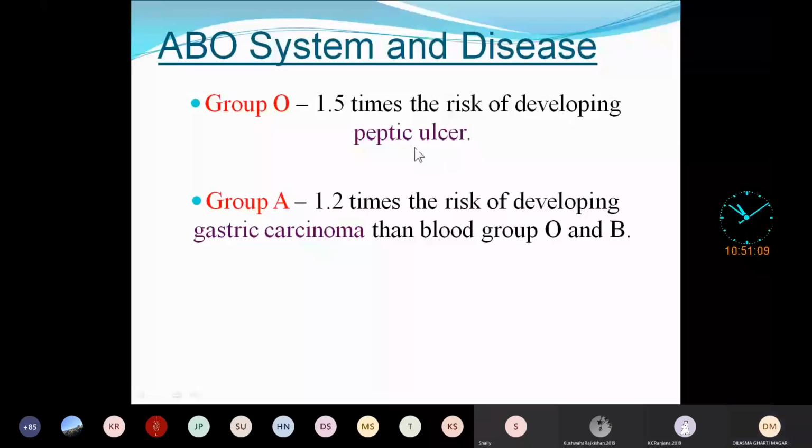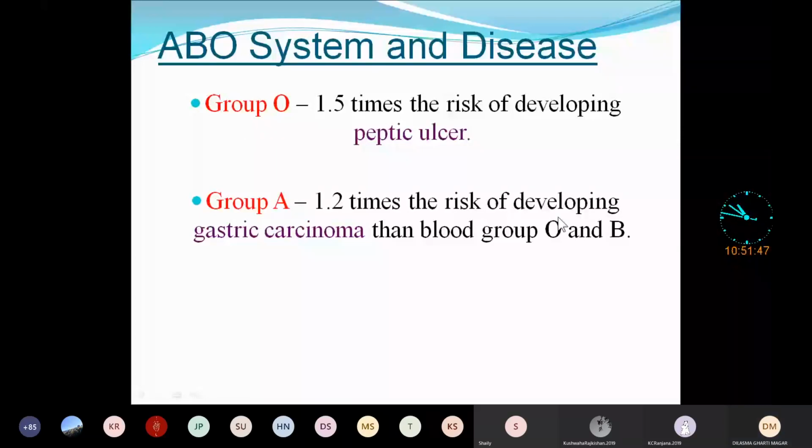And a person with blood group A has 1.2 times the risk of developing gastric carcinoma compared to blood group O and blood group B. Understood? But still, this was found in a very large data set, so no need to worry.